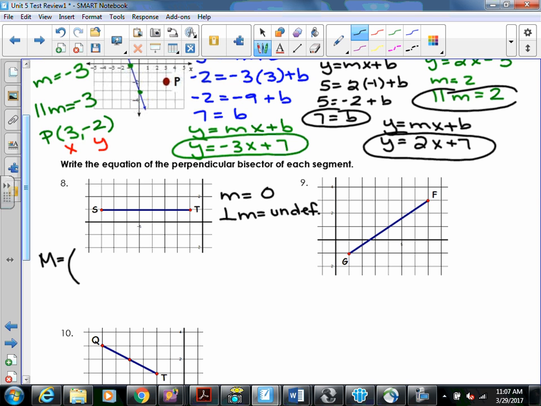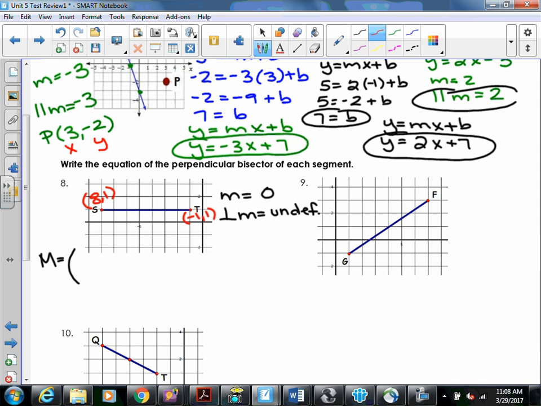T is at -1, 1. And then my point S is going to be 8, 1. Okay, so to get the coordinate for that midpoint, you're going to add your x's and divide them by 2, add your y's and divide by 2.